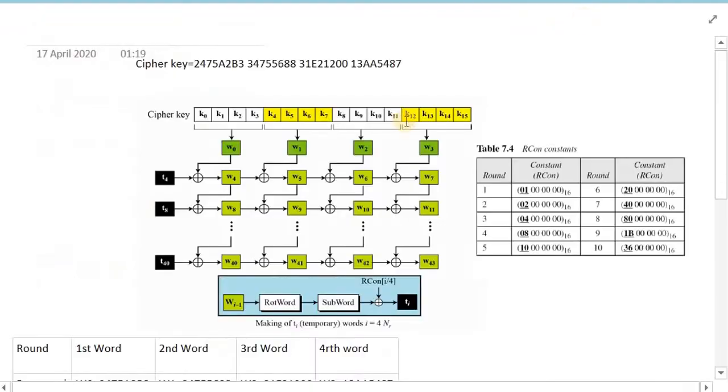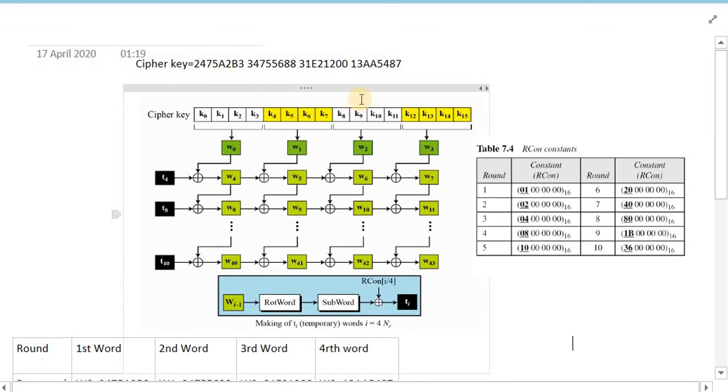So this is my cipher key in terms of bytes. When I convert 128 bits into bytes, it will be converted into a 16 byte representation, and each sequence of 4 bytes is called a word. So K0, K1, K2 and K3 act as one word, that is W0. K4 to K7 act as another word. K8 to K11 act as the W2 word, and K12 to K15 act as another word. So please remember, a word is a sequence of 4 bytes.